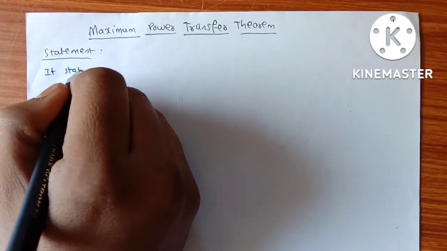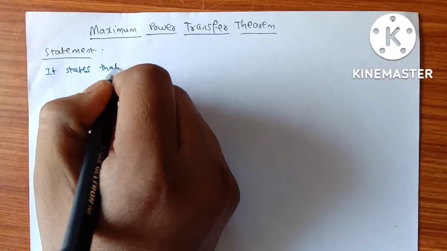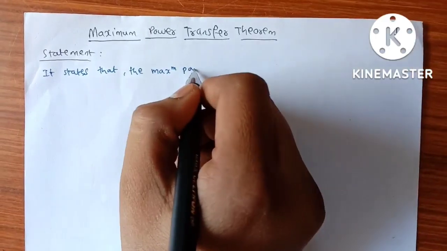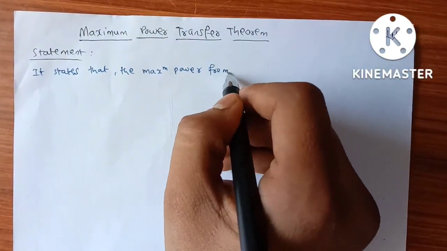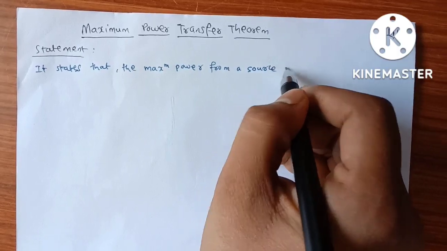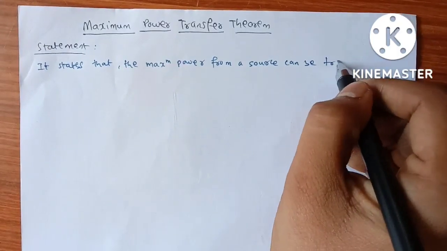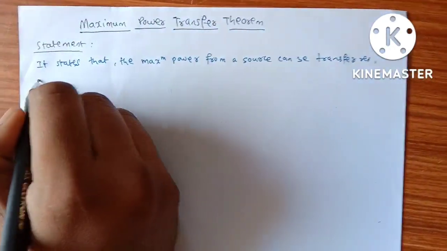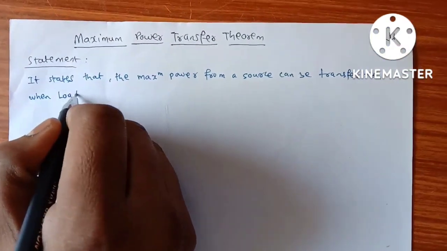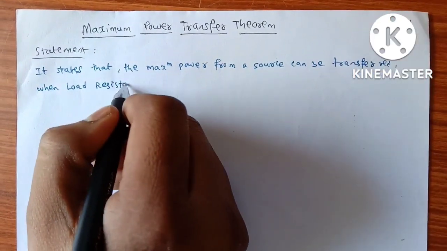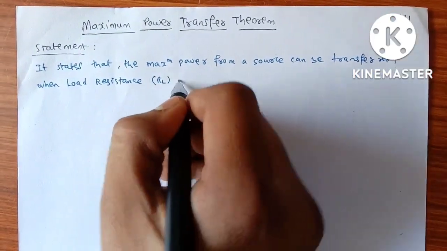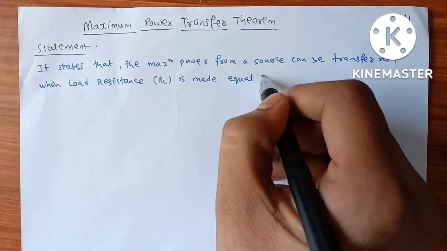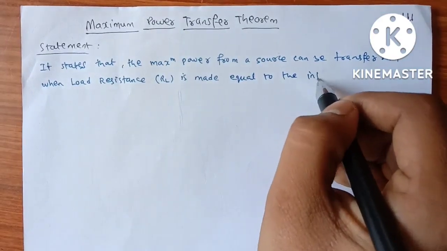It states that the maximum power transfer from a source can be transferred when load resistance RL is made equal to the internal resistance.